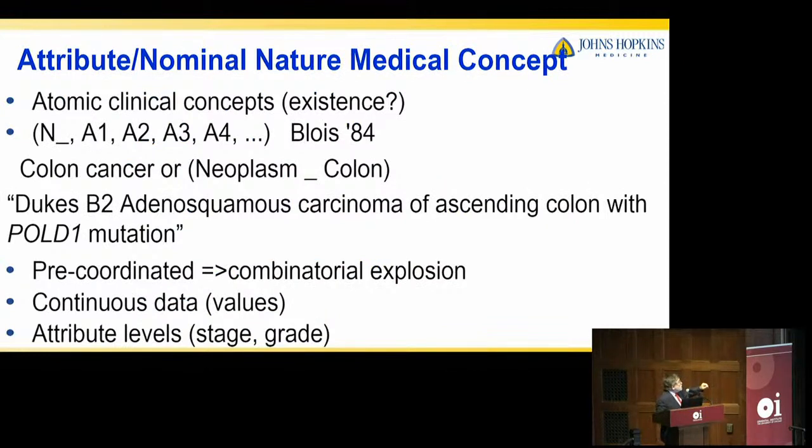Scott Bloy wrote about this in what he called the Atomic Clinical Concepts back in '84. And you can take some absurd decomposition like colon cancer and say, well, we're going to deconstruct that and say it's cancer and it's of the colon. But clinically, that's meaningless. People don't think about it that way. They think about it as colon cancer. Or here's an example of a run-on sentence, Duke's B2 adenosquamous cell carcinoma of the ascending colon with POL1 mutation. Generally, that doesn't roll off the tongue commonly.